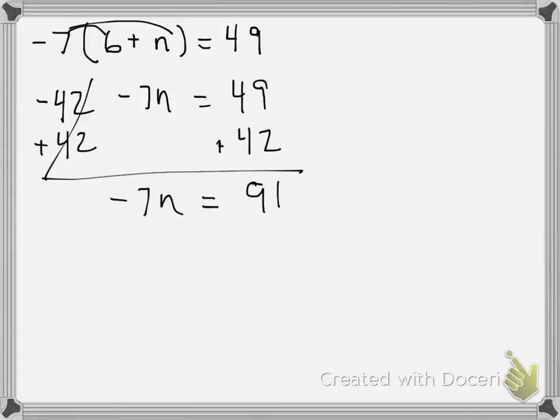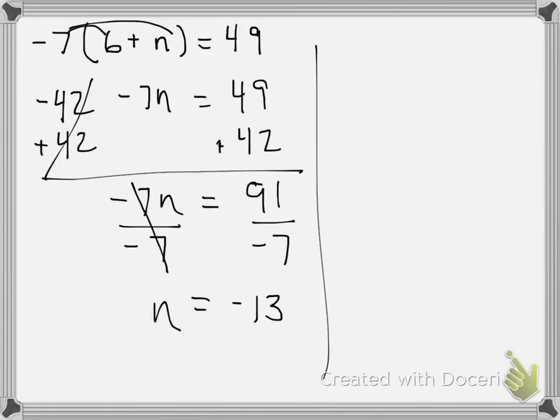Now, right now it's n being multiplied by negative 7, so to get n by itself I'll have to divide by negative 7, and I'll have to do the same thing to the other side. So our negative 7s will cancel here, leaving you with n, and 91 divided by 7 is 13. Signs are different, so it's a negative 13. So to do my check, I'll just rewrite the original equation.